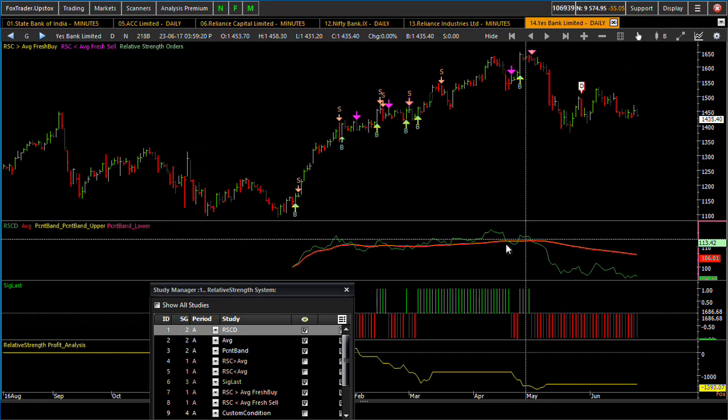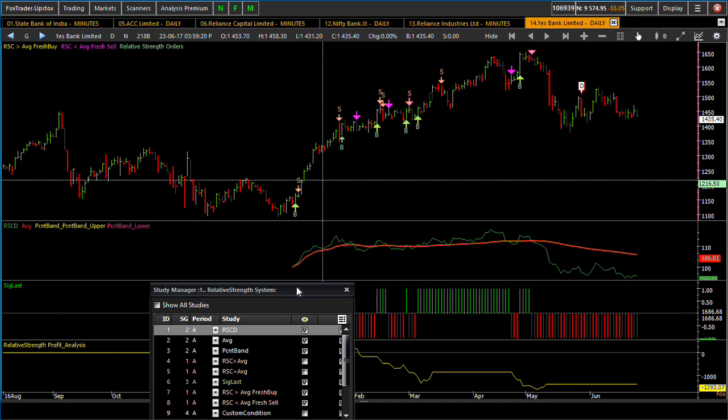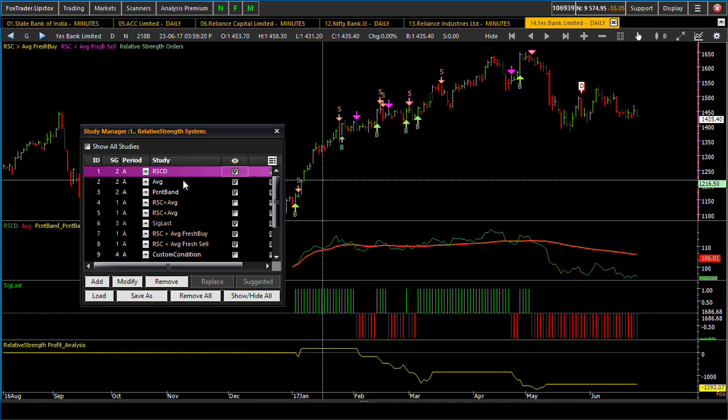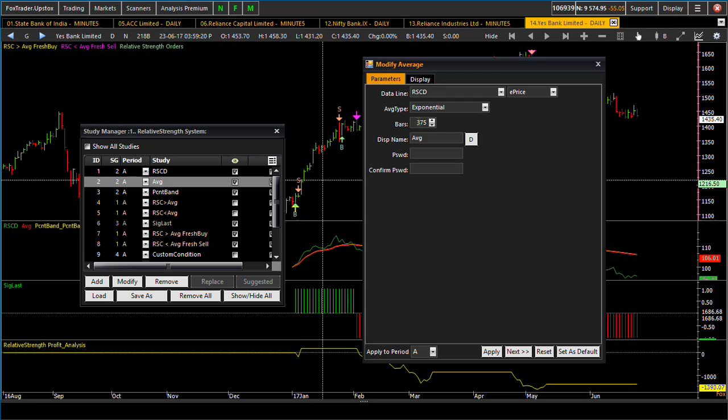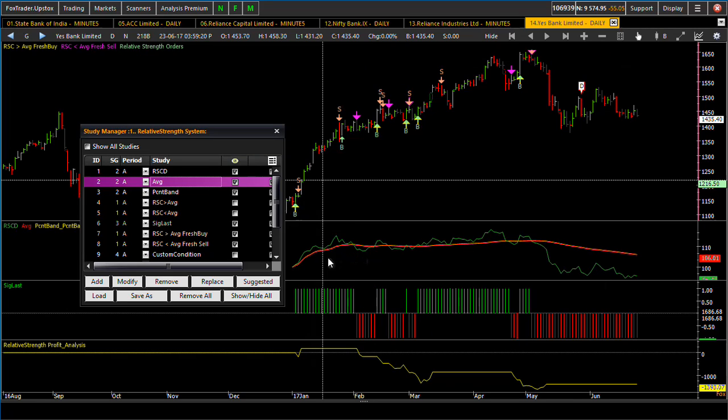When you plot this indicator on the chart, the green line that you see is the comparison between Bank Nifty and Yes Bank. Now on that RSC, I have plotted an average. It means that as long as the RSC indicator is above the average, it is outperforming.